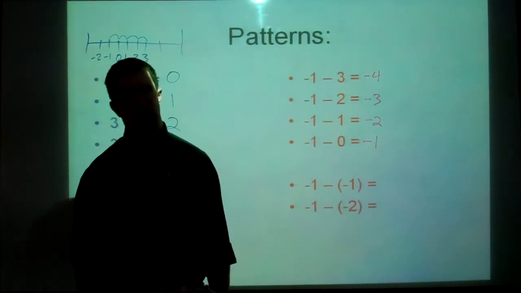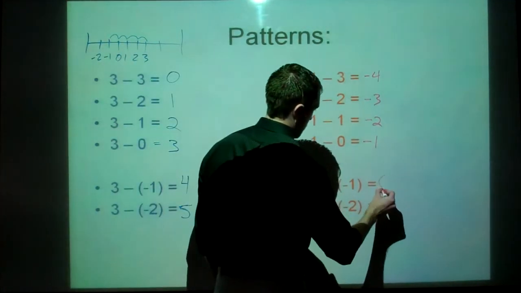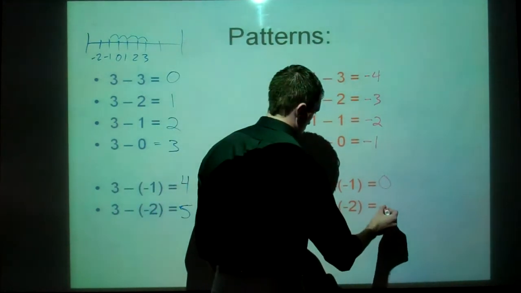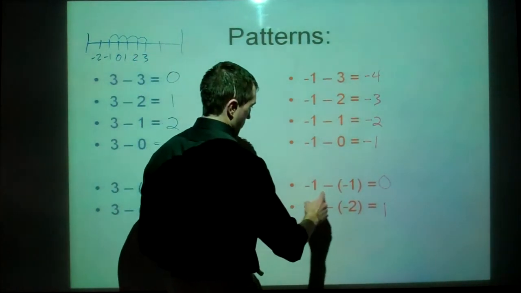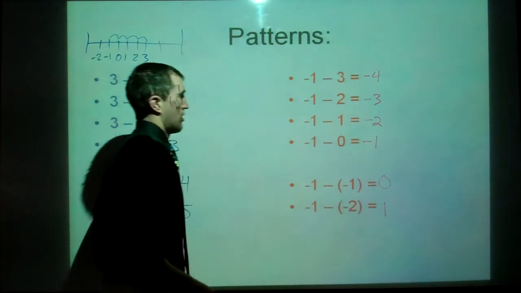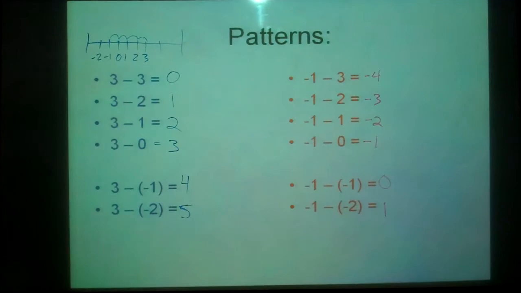Well, whenever we subtract the same thing from itself, it just becomes 0. How about -1 minus -2? 1. So really this is saying -1 plus 1, -1 plus 2. Okay? So hopefully these patterns help just a little bit.